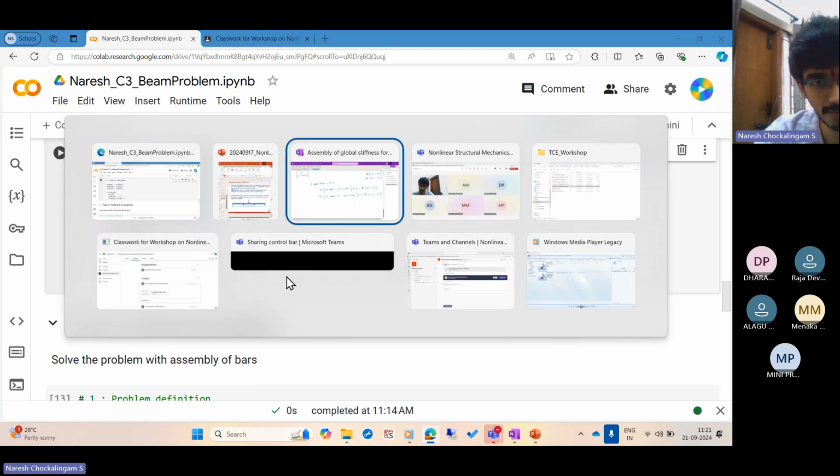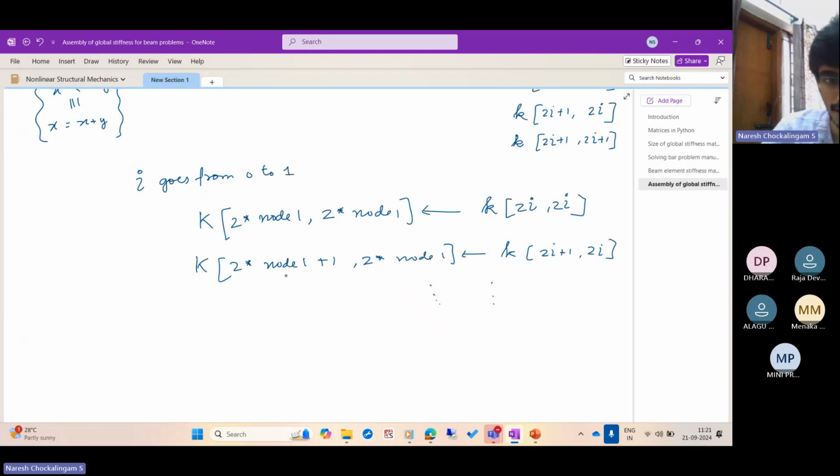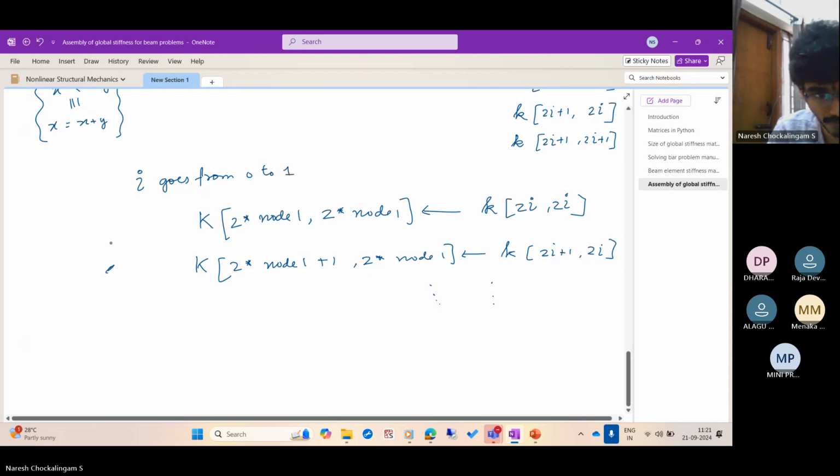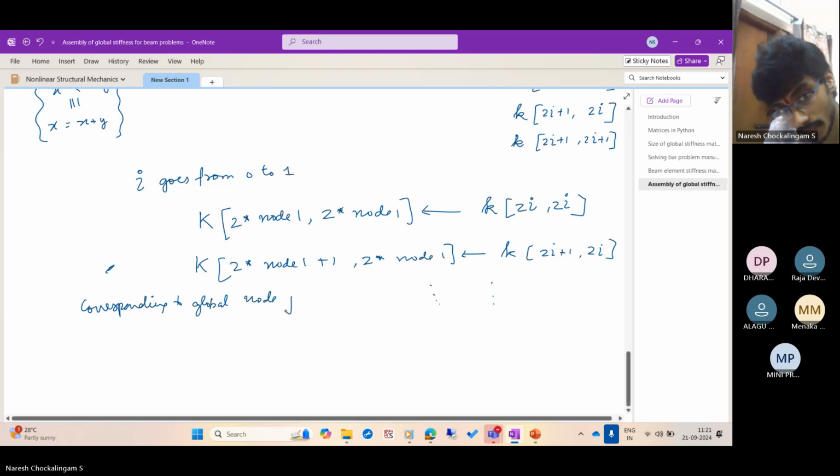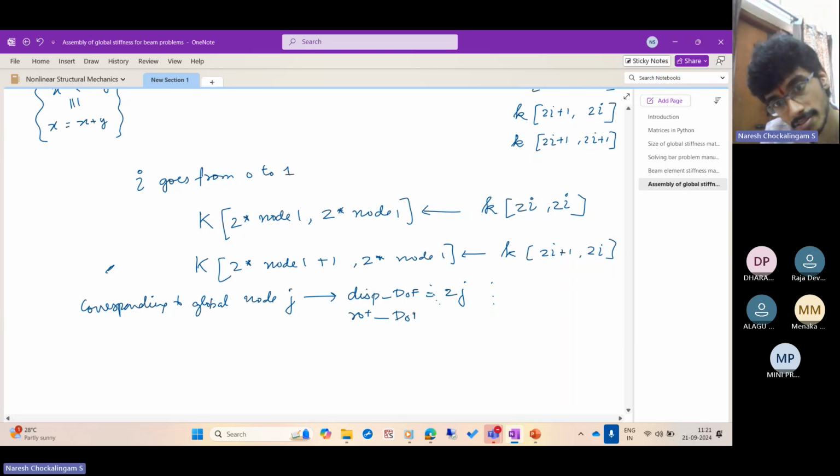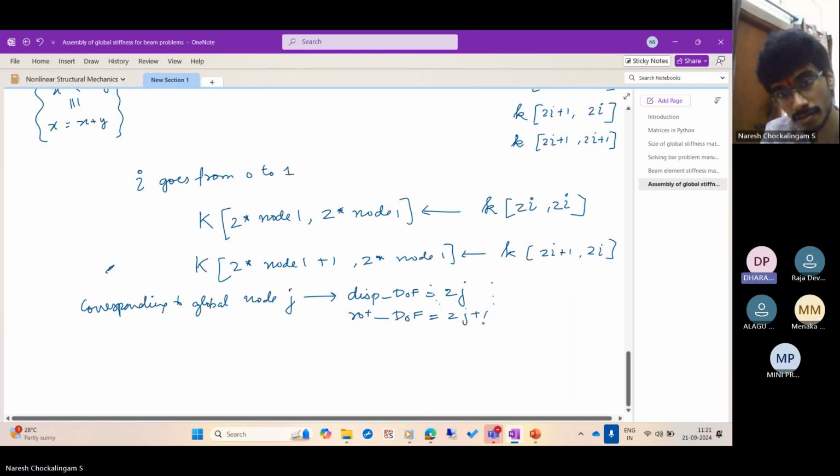So it's just as we did. Corresponding to global node J, the displacement degree of freedom is 2J, and the rotational degree of freedom is 2J plus 1.